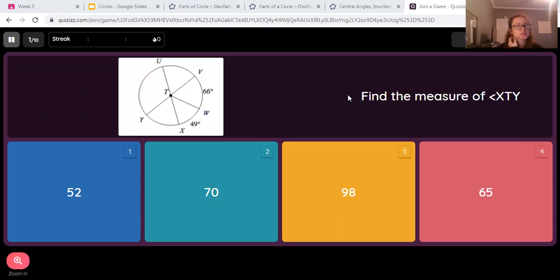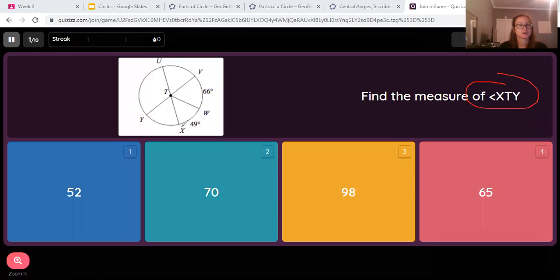So this one here says find the measure of angle XTY. And so XTY, be careful about this, XTY is right here. Now, what I'm noticing is that we actually already have kind of a semicircle thing happening here because we've got a diameter right there. And we know that that whole thing is 180 degrees.